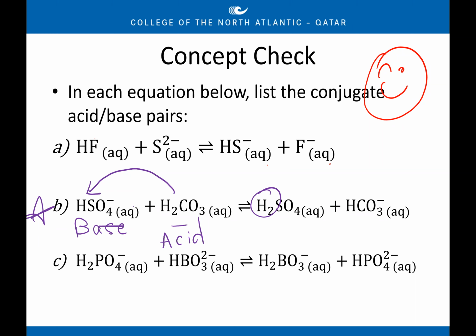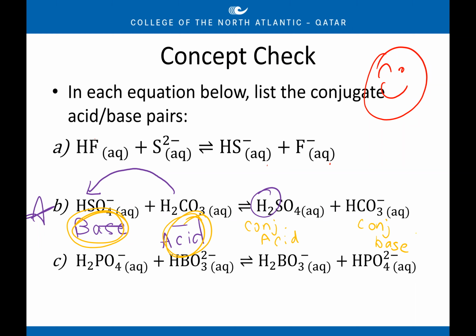Now, the second part of this question is, which is the conjugate acid and which is the conjugate base? Well, let me pick a different color. I'm feeling orange. The base chemical always turns into the conjugate acid, and the acid chemical always turns into the conjugate base.